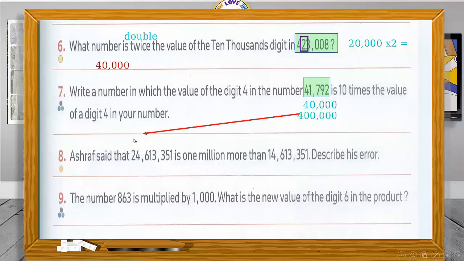Here we will write our number. This is your answer, with 4 in the hundred thousands place. Why do we write 4 in this place? Because he tells you 10 times the digit in this number. 4 and any digits as you like: 498,432, 408,498,250.